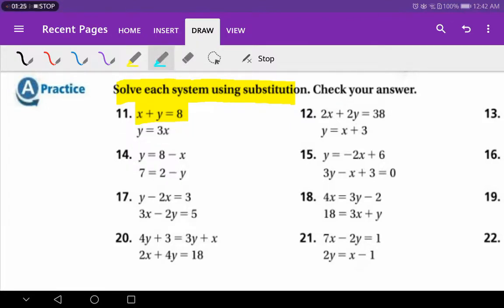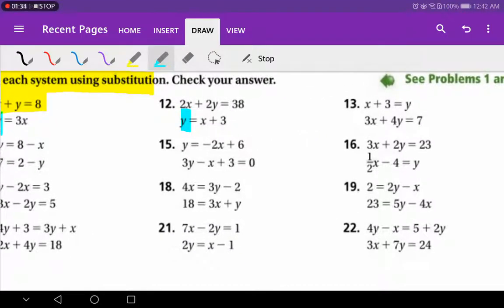That means it is y equal x plus 3. So he gives you one equation of them in subject of y. Here y equals also x plus 3.